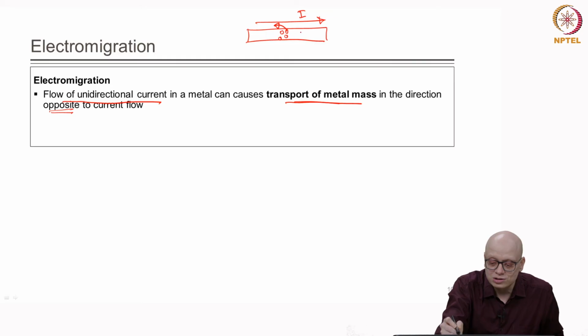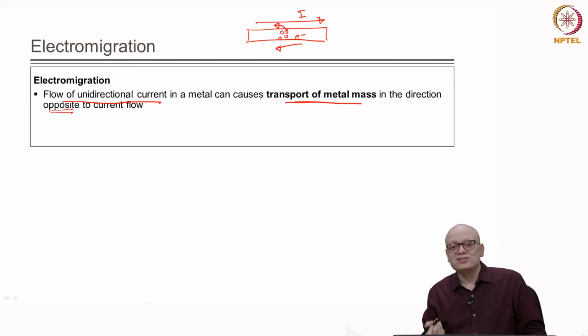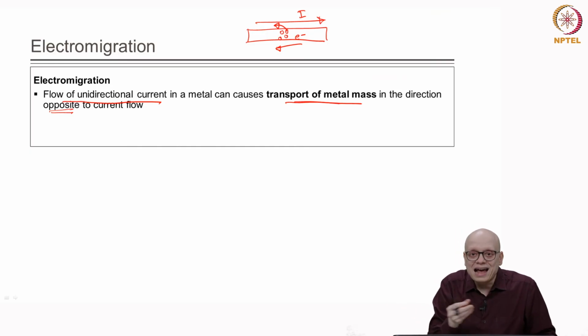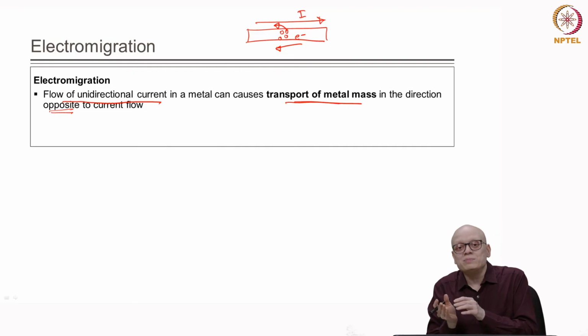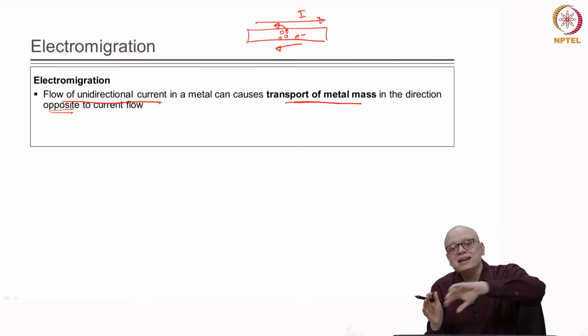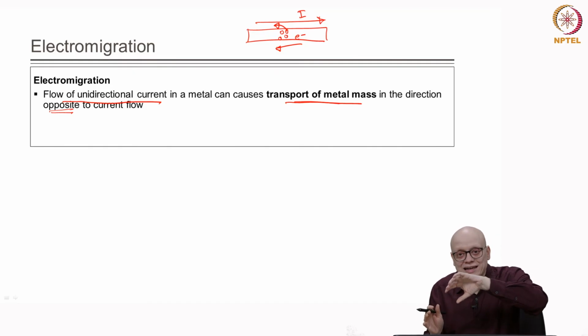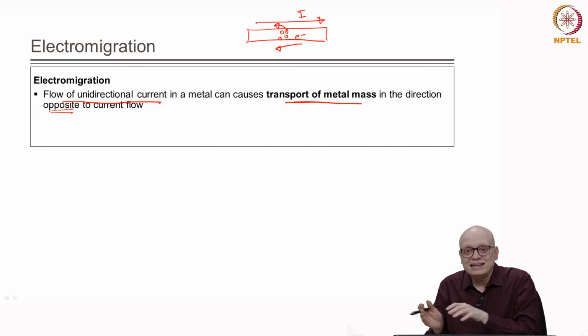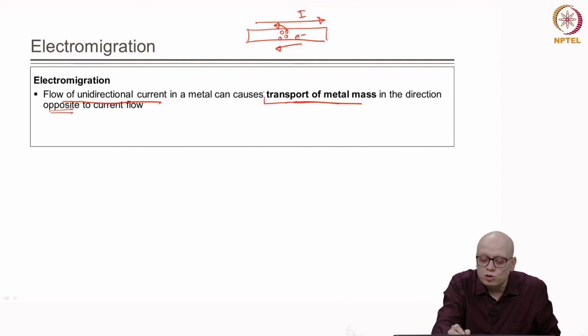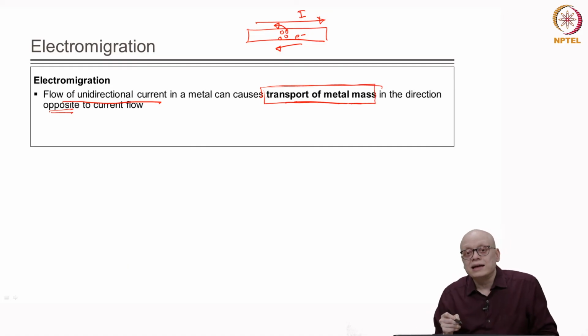So, the electrons will be moving in this direction, carrying momentum and hitting the metal atoms, and as a result the metal atoms can move from their location on the lattice from one point to the other, and it can lead to transport of metal mass. And when this happens, we say that an electromigration has happened.